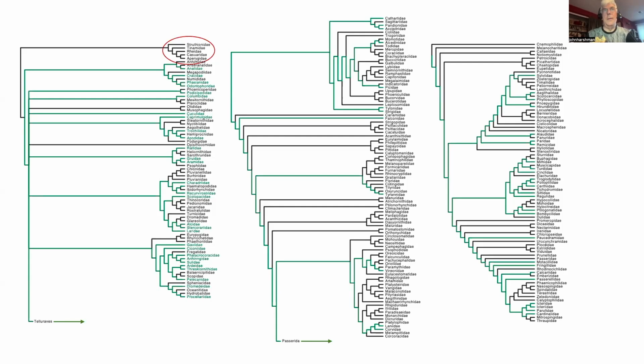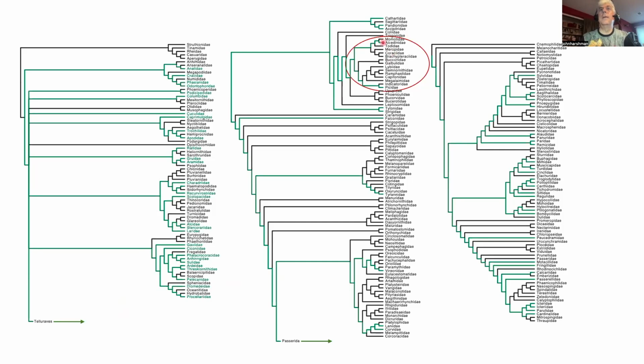Anyway, I just like to point out that in terms of phylogeny, we do not see an entire half of the tree here. And for another point, here are 2 orders of birds. Remember, order is above family and superfamily.